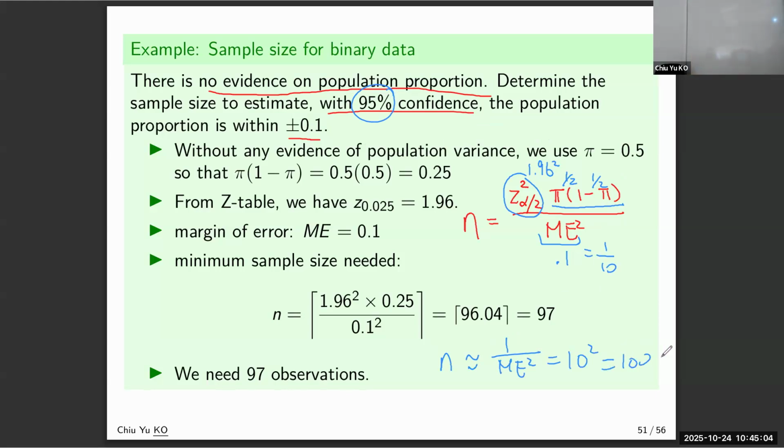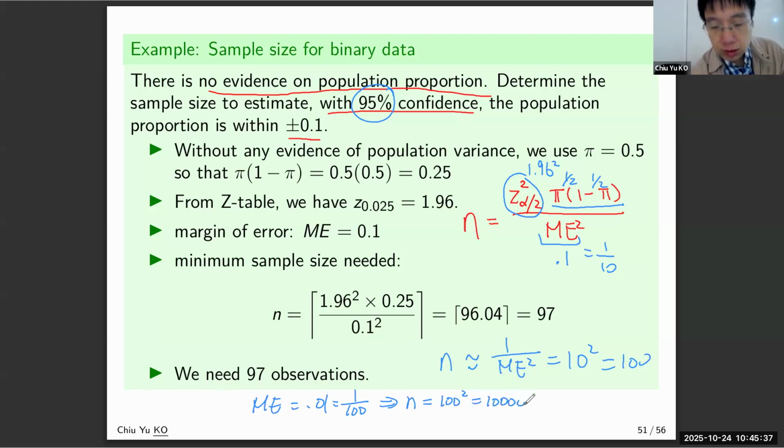Right? So if you want the precision to be 0.01, then you can easily calculate that it will be 10,000, right? Because if you want the ME to be 0.01, which is 1 over 100, that implies N will be 100 squared.